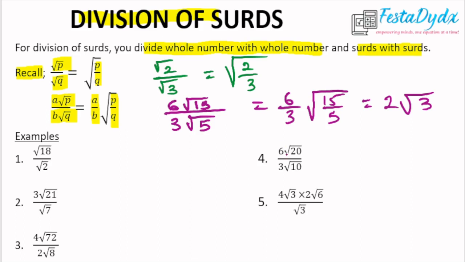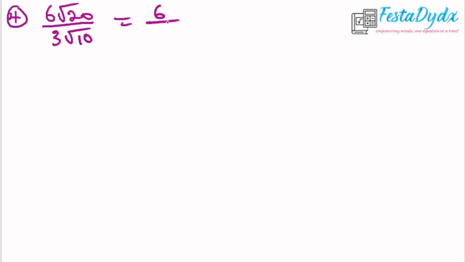For question number 4, we'll have 6√20 all over 3√10. So working with the whole number to whole number, we have 6 over 3, and then we'll have times √20 divided by √10.